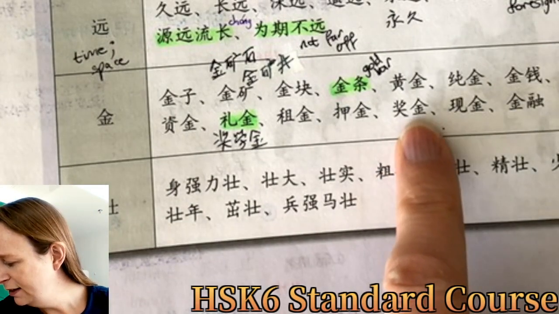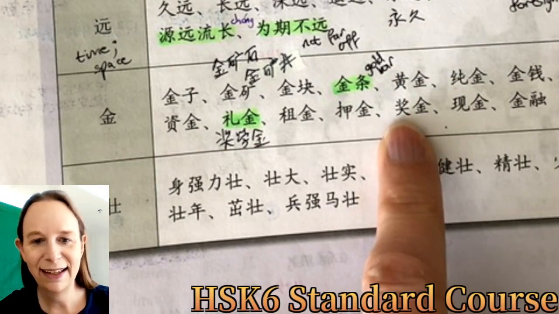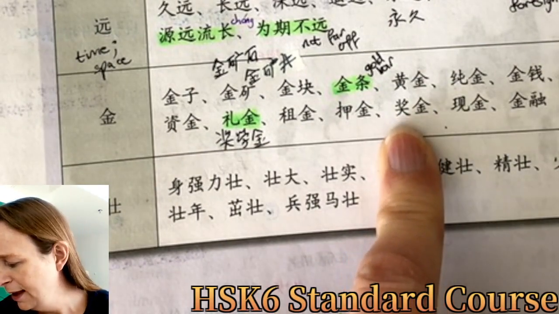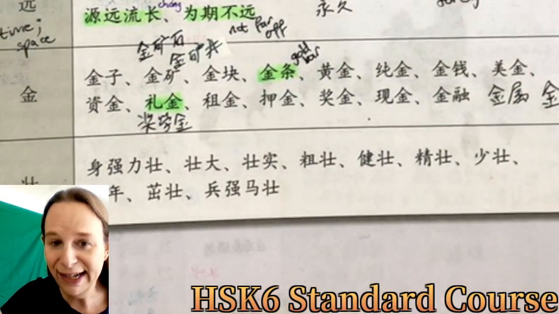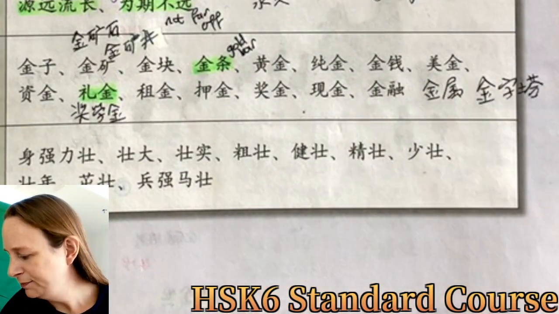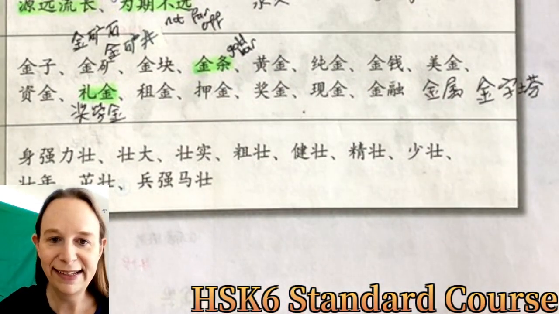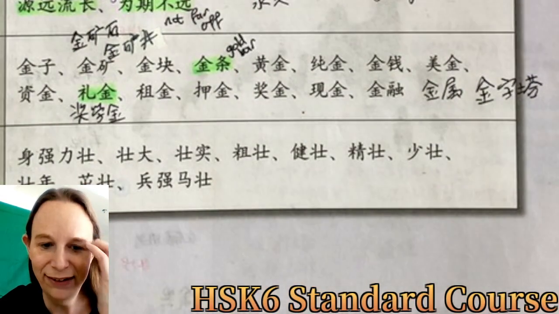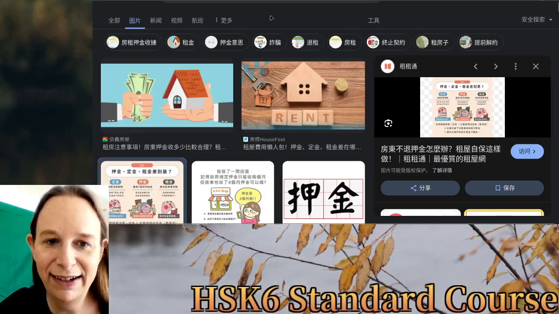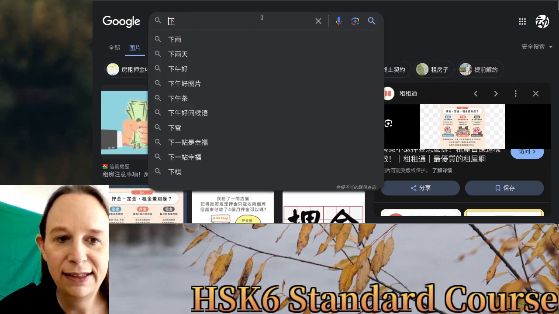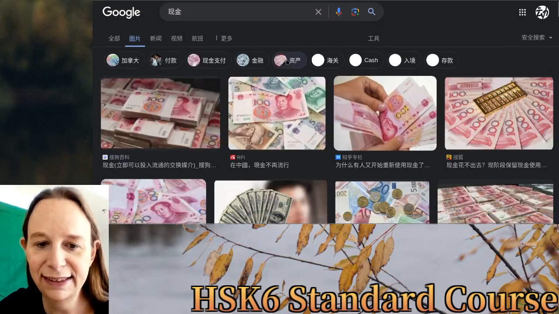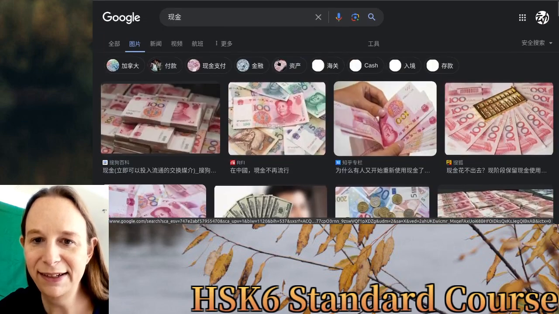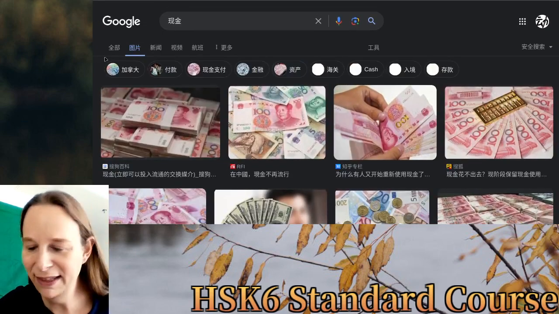奖金 or 奖学金. 奖金 is reward money, like you win a prize, a monetary prize. 现金, this is cash. Yeah, we don't use 现金 that much in China anymore. We just use mobile phone payments.